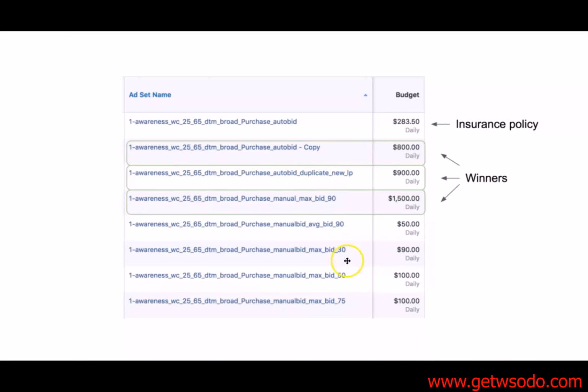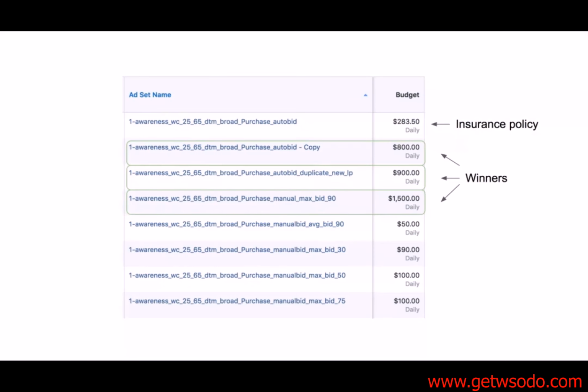You could do 30, 40, 50, 60, 70 all the way up. I wanted to test boundaries that were close and in between all the way up to 90. You could even go above that as well, just to find the sweet spot, testing with max or the lowest cost bid first, and then finding an average bid that will work for you as well, and then seeing how you can scale out through that as well.